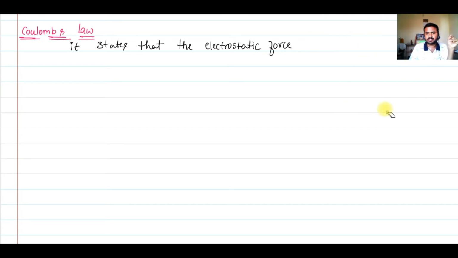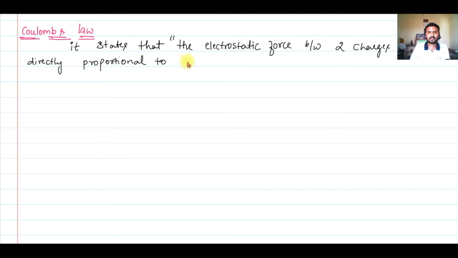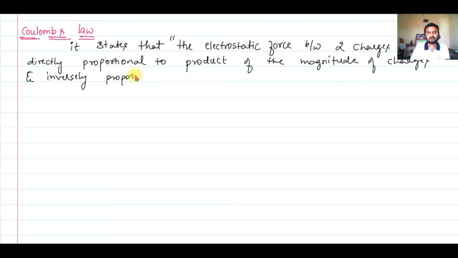So it states that the electrostatic force between two charges is directly proportional to the product of the magnitude of charges, and inversely proportional to the square of the distance between them.